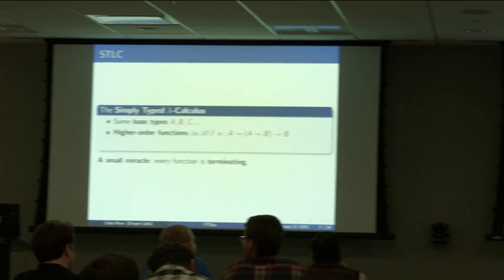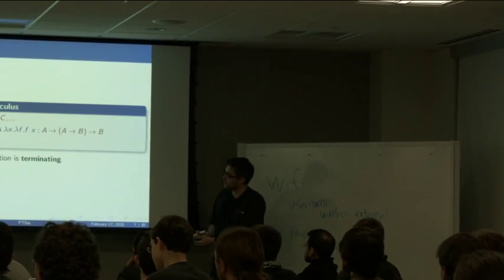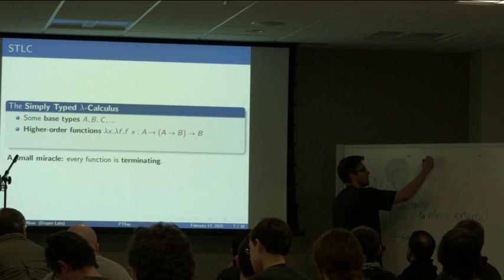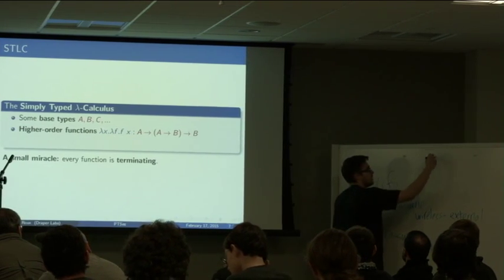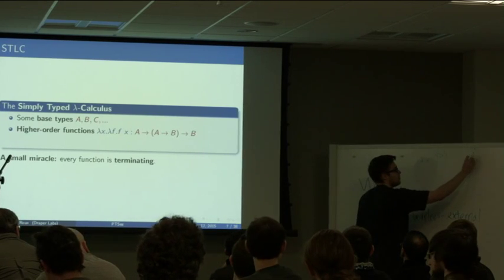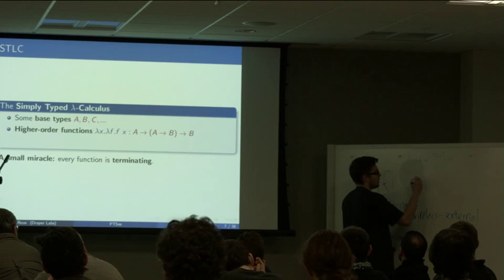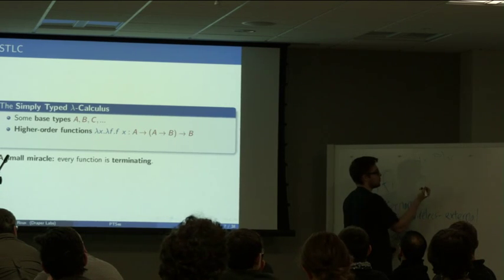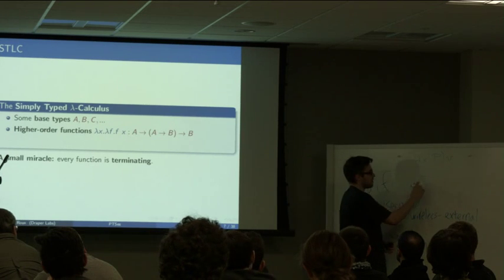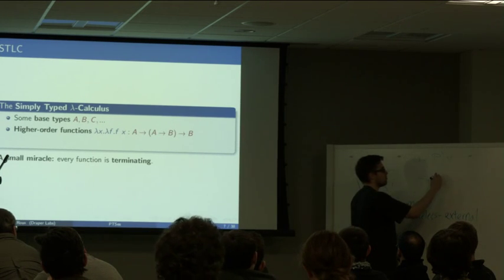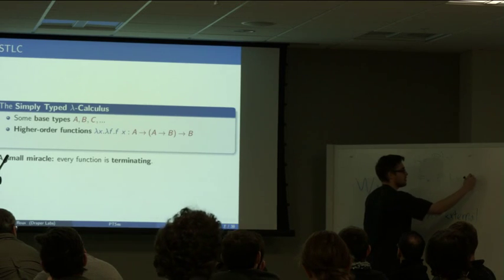A beta reduction is the only computation rule we have. Did I move forward? Yes, I did. Which is, if I have lambda x and then some program p, and if I apply that to some argument v, then this computes to, and in the formal world we'll say it's equal beta to, p where x is replaced by v.